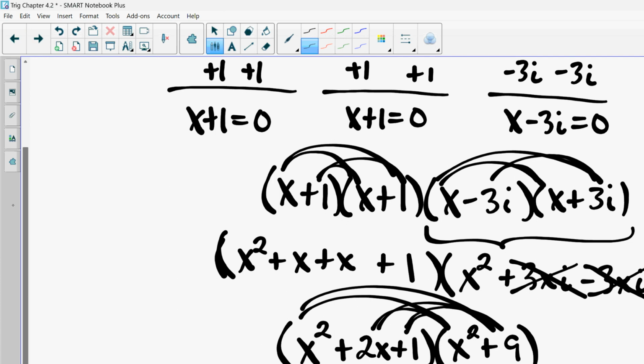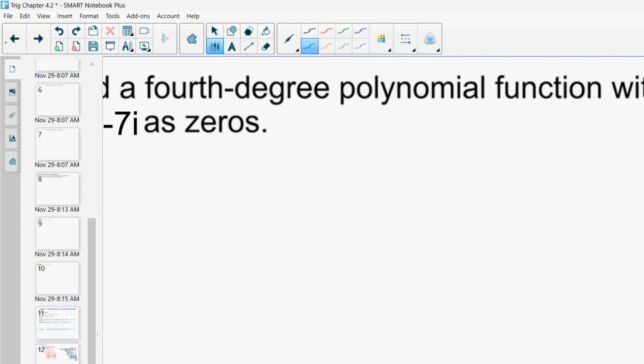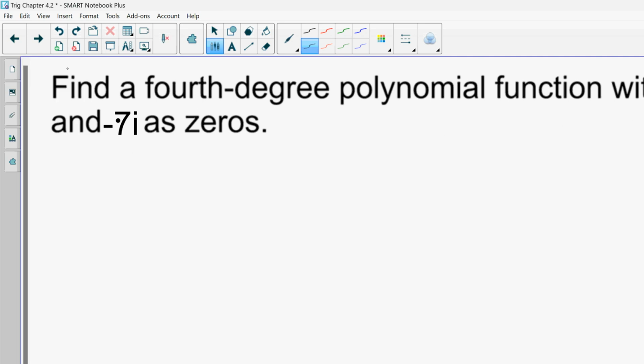I think that leads us to the last one. Find a fourth degree polynomial function with real coefficients with zeros 2, -2, and -7i.